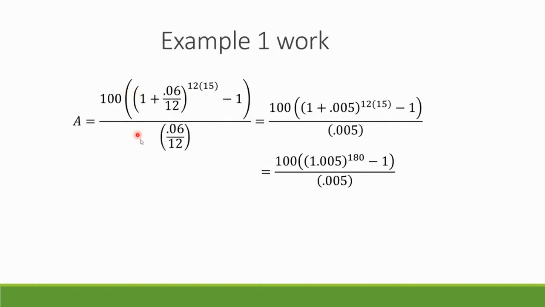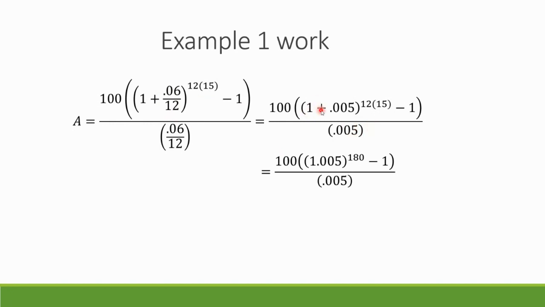Again, you want to handle the top and bottom separately, and you want to use order of operations. The denominator is easy. You just divide, you get 0.005. For the top, you want to work with the innermost parentheses first and work your way outward. So if we have 0.06 over 12, well, that's 0.005.